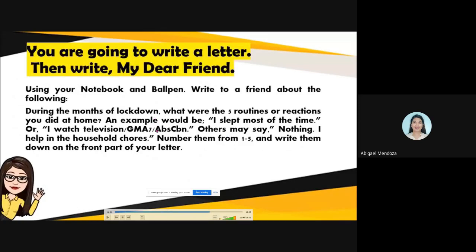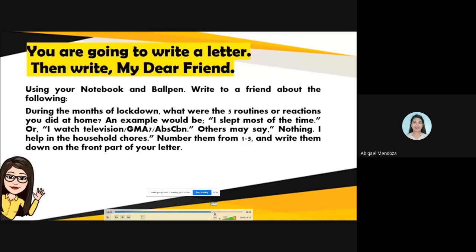Tapos sasabihin mo kung ano yung mga naging routines mo, yung mga ginagawa mo this past 6 months. Kung, for example, you have been sleeping most of the time, or you've been playing Mobile Legends most of the time, or watching movies, yun, pwede mong ikwento yun sa friend mo. Pwede ding ilagay mo, naglilinis ka palagi.